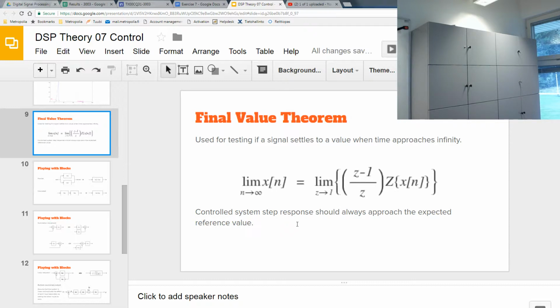Okay, z goes to 1. All right, so basically now our signal is the same as the system step response.